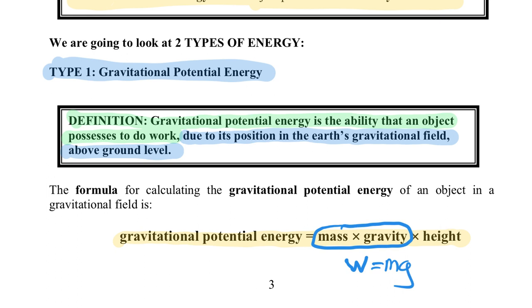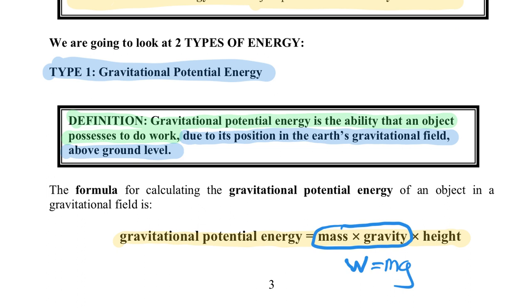Now, if you want to move that object from one point in the field to another point in the field, you're going to have to apply a force that is at least equal to the weight, and probably bigger than the weight, especially if you're going to move it away from the object.